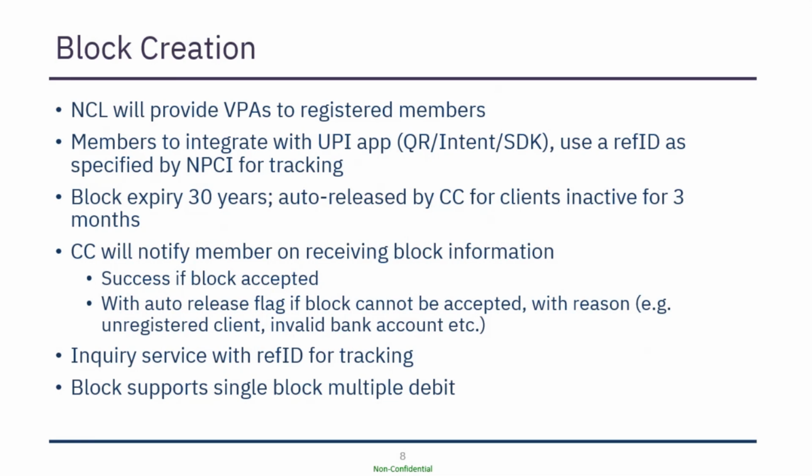So in such cases, again, the member will get a block creation notification, but this block creation notification will come with an auto release flag. It means that the mandate we have received, but as soon as we received, we have released it. We cannot accept it. So in such cases, the members should not increase the limit of the customer.